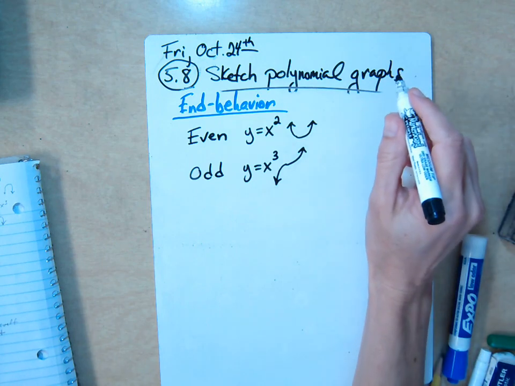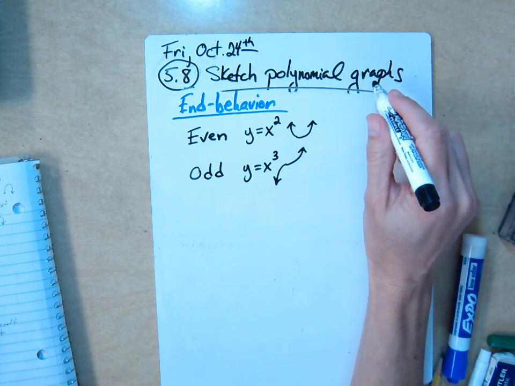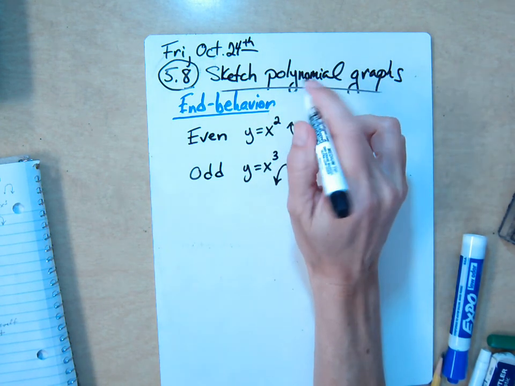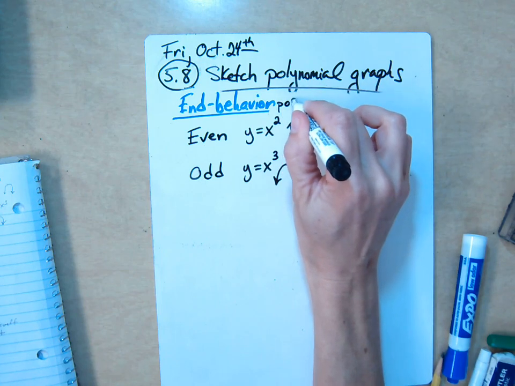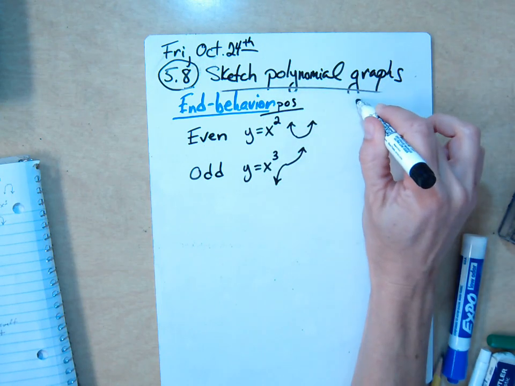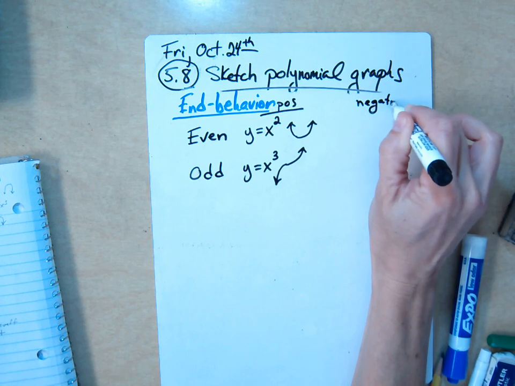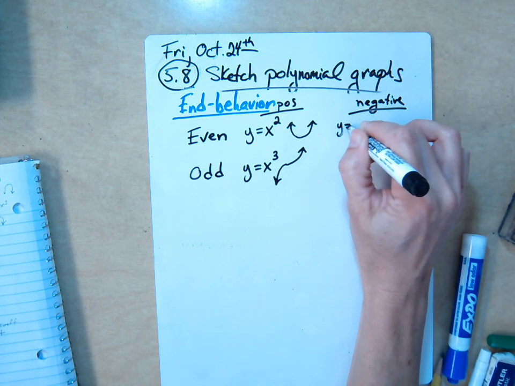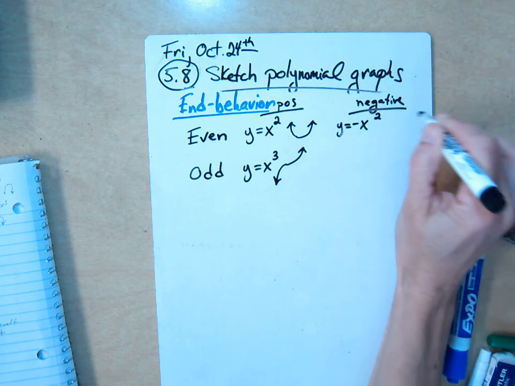And then of course this switches if the orientation is negative. This is if the orientation is positive, because that's like A is positive. If A is negative, if I throw a negative in front for the orientation like this, y equals negative x squared, then it just flips.